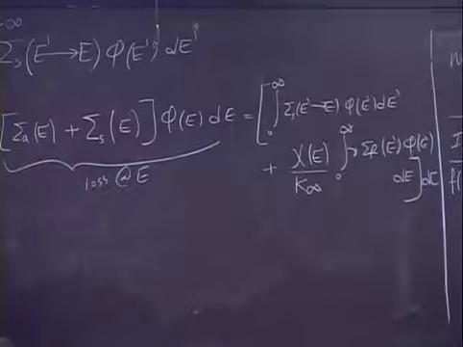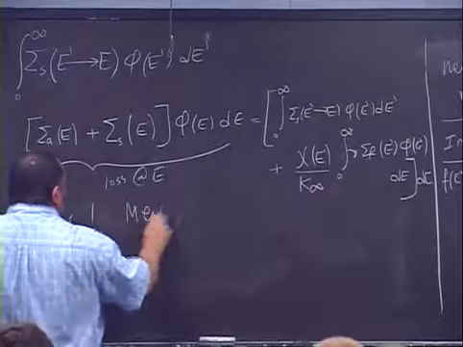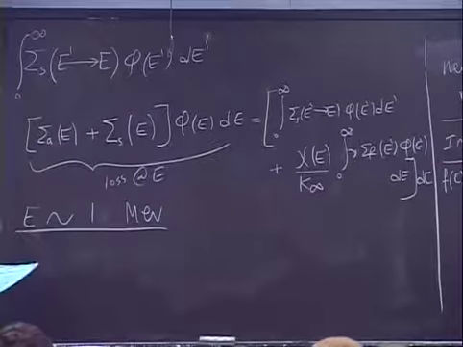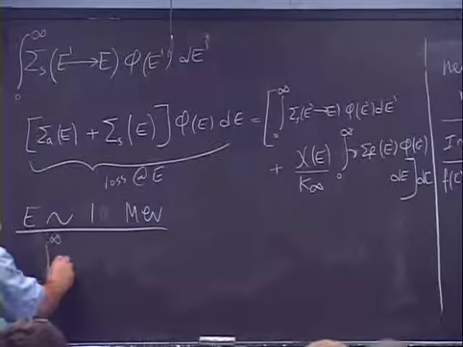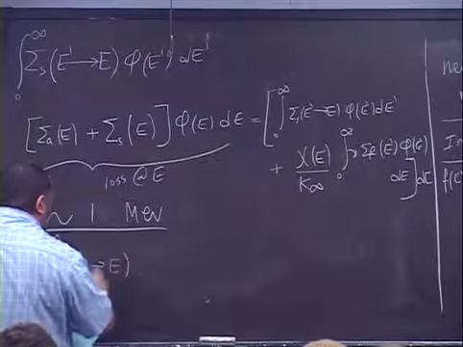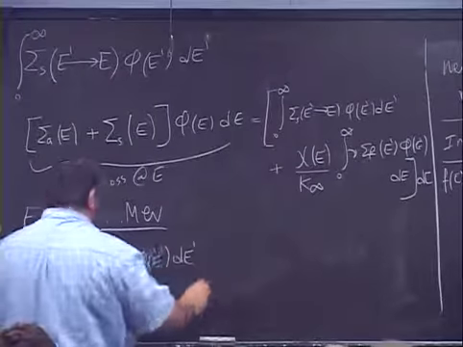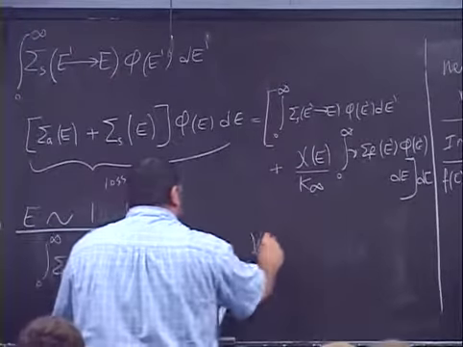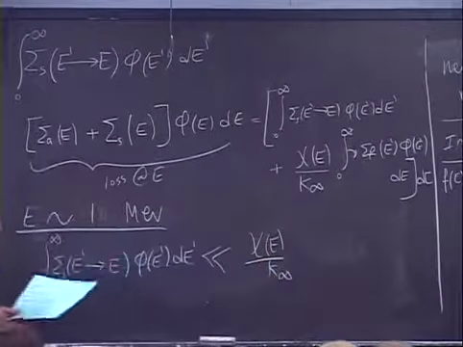So when you do this, if the energy E is around 1 MeV, which is very high energy in reactors, let's say 1 MeV, then the integration of the outscattering from E prime, sigma scattering phi of E prime dE prime, is less than chi of E divided by k infinity.